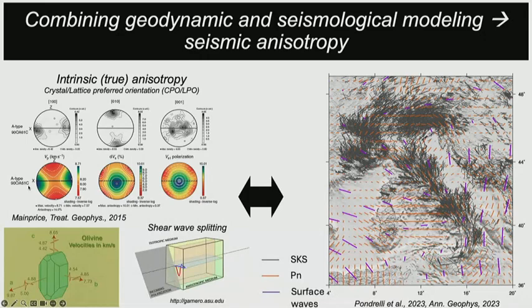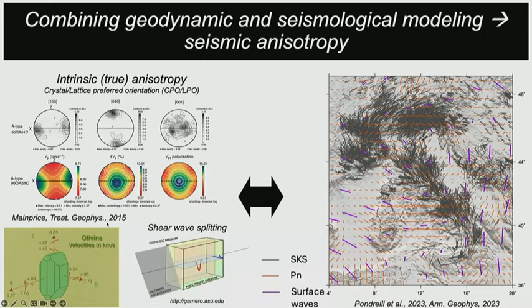What happens is that the mechanical properties of the aggregate then vary as a function of the propagation and polarization direction of the seismic wave. So you can see that, for example, S waves here are faster in this direction, slowest in this direction. This is because the olivine crystals are intrinsically anisotropic.